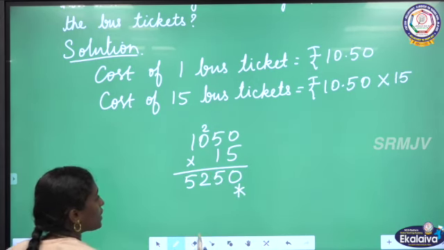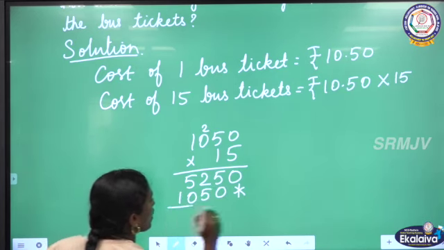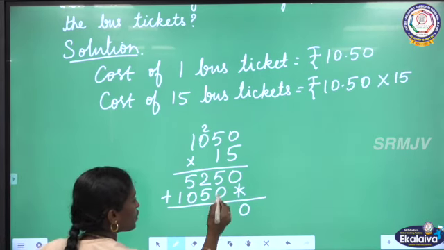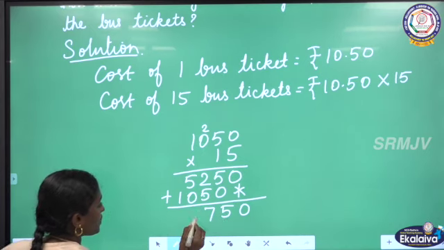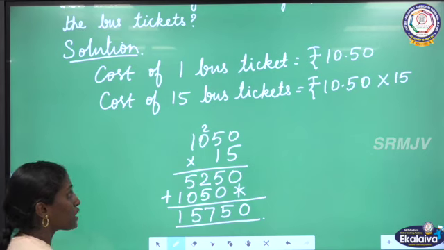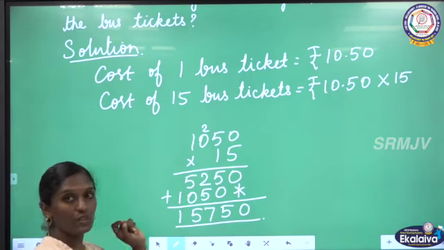While multiplying a number by 1, we will get the same number, so 1050. Now we have to add: 0; 0 plus 5, 5; 2 plus 5, 7; 5 plus 0, 5; 1. So we got 15,750. This is the answer for 1050 into 15.